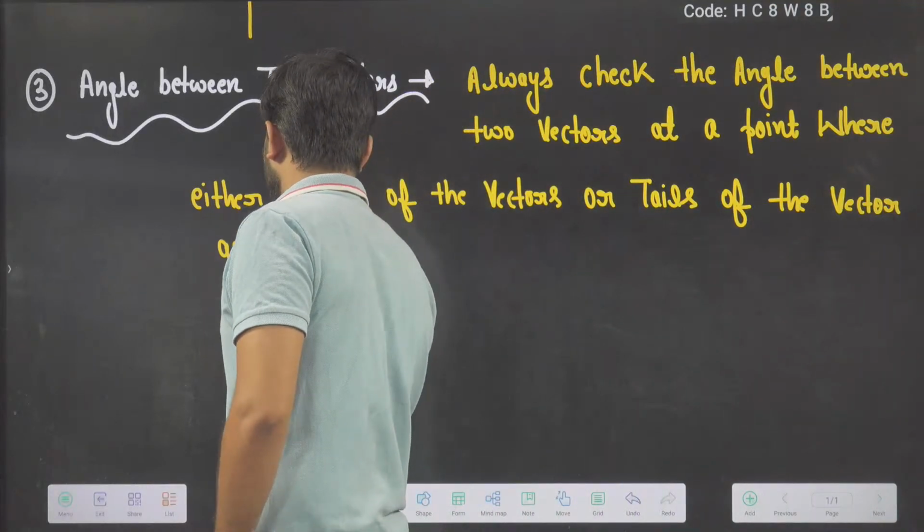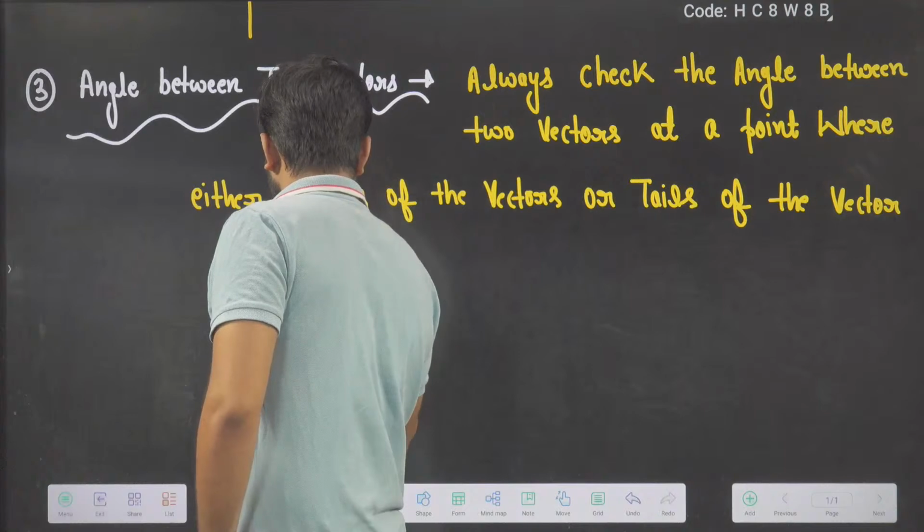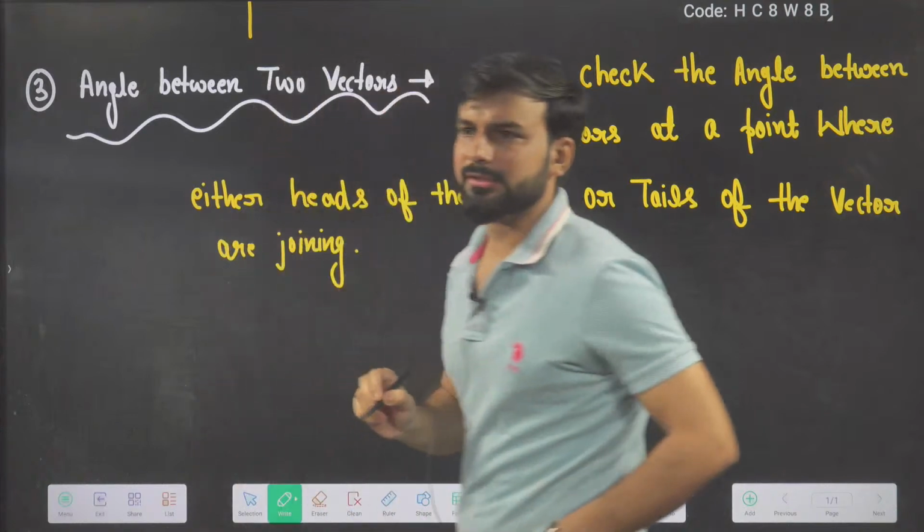This is a very, very important property while measuring the angle between two vectors.